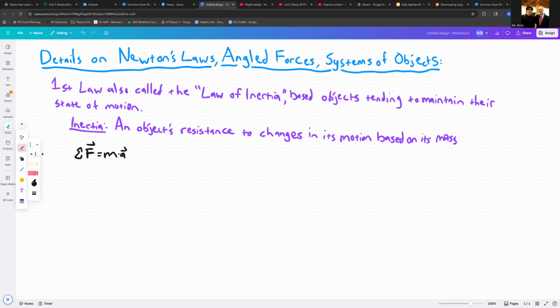per second squared. If your mass is 10,000 newtons, or sorry, kilograms, if your mass is 10,000 kilograms and you put 1 Newton of force on it, yes, there would technically be an acceleration, but the amount of acceleration to solve for a would be 1 Newton of force divided by 10,000 kilograms of mass.